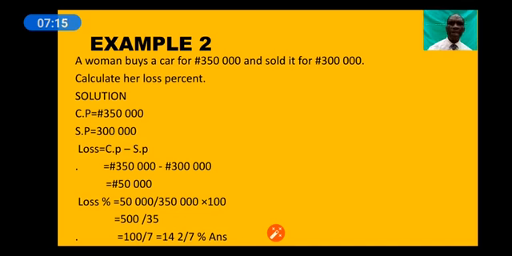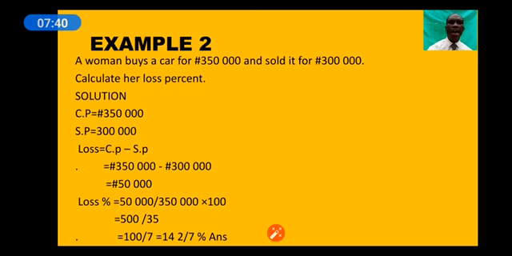Then the loss percent is equal to 50,000 naira over 350,000 naira times 100 over 1. And then if we cancel out the zeros, that brings us to 500 all over 35. Now 5 will go into 500, 100, and 5 will go into 35, 7.